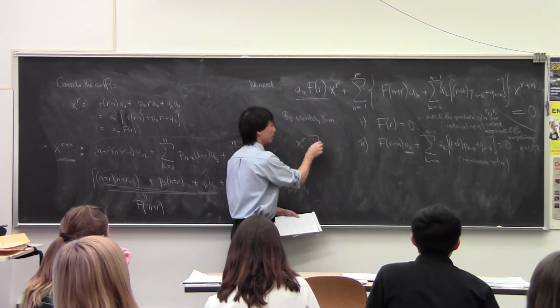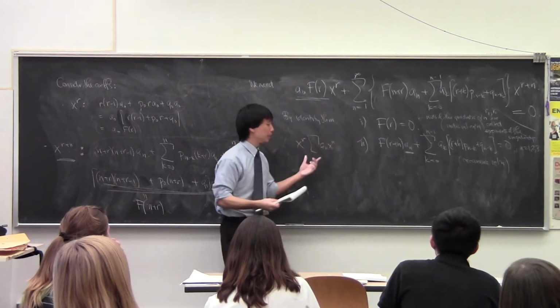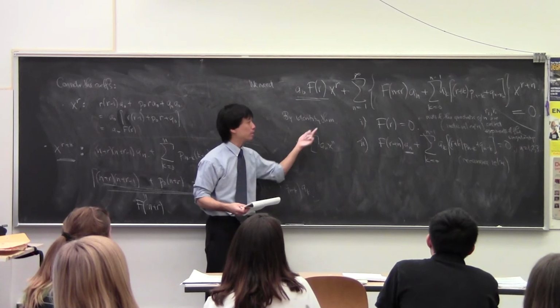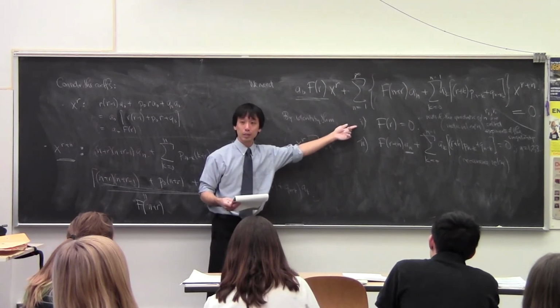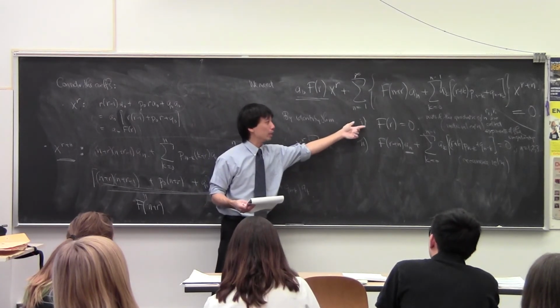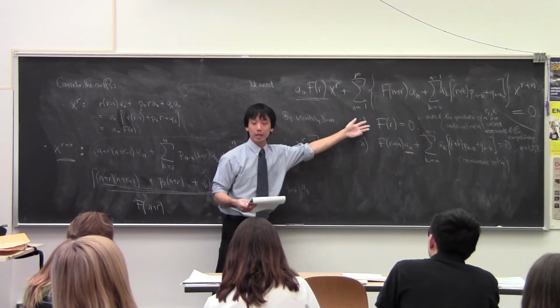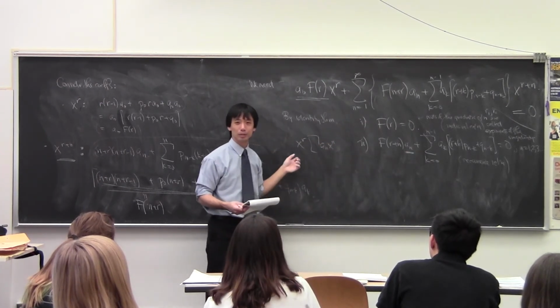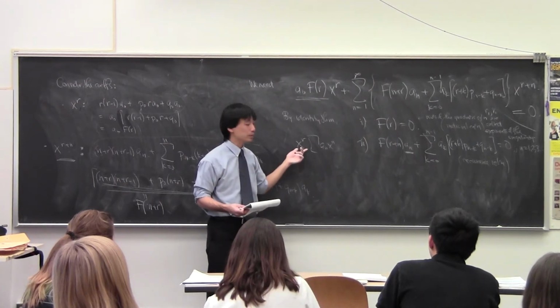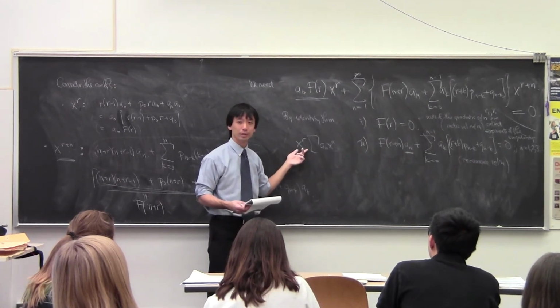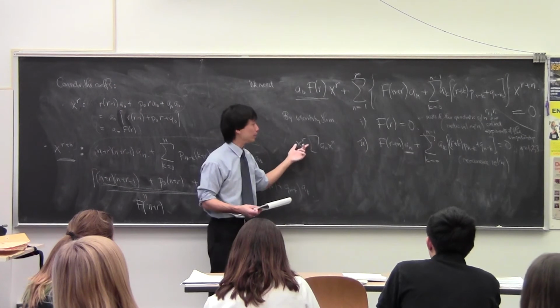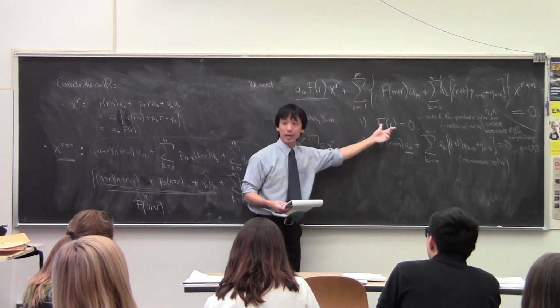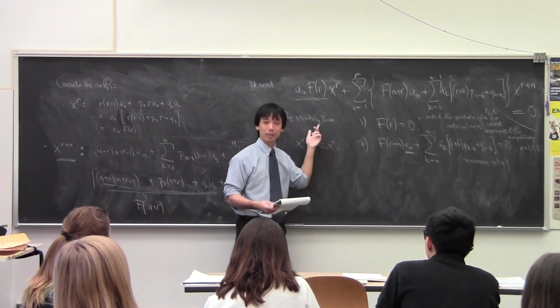We know that we're hoping for something like this, and what we see is that r has to be a root of this polynomial, a root of this quadratic equation, just like it had to be for the Euler equation. Remember, when we did the Euler equation, we got this thing, we factored it, and then we got the solutions immediately.